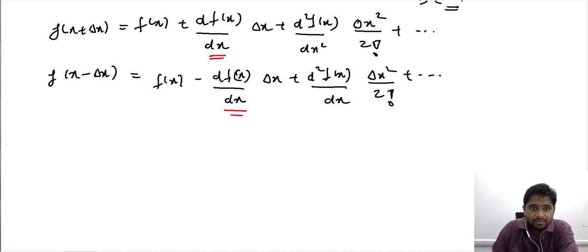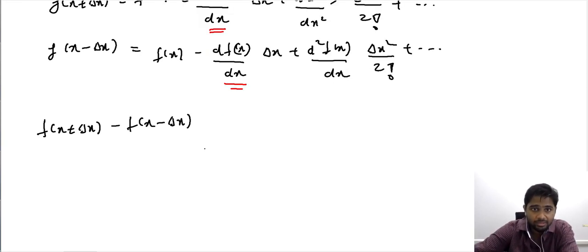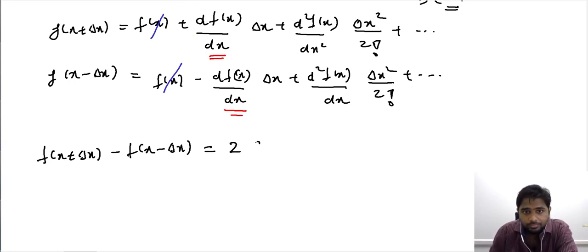So what can be done is we can subtract these two expansions, that is f of x plus delta x subtracted with f of x minus delta x. When we subtract these two Taylor series expansions, these terms get cancelled, the positive and negative sum up, and we would have 2 times the first derivative times delta x.